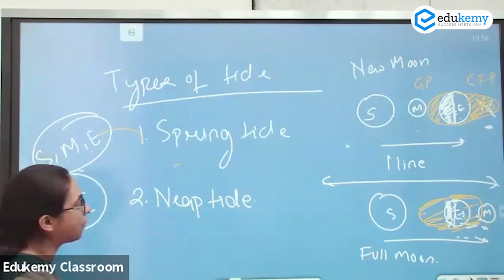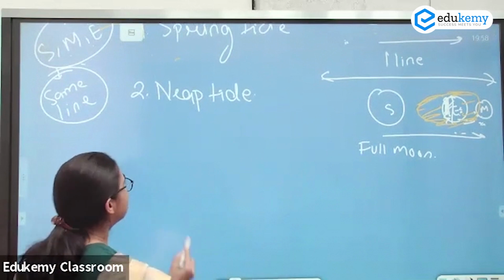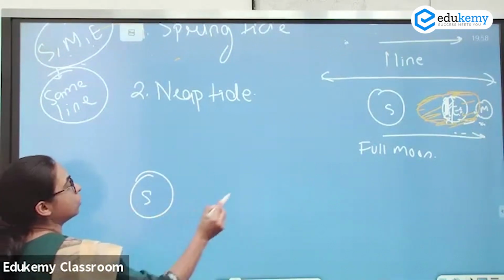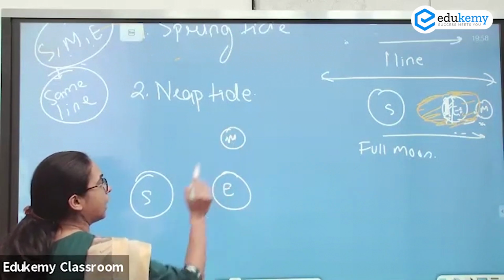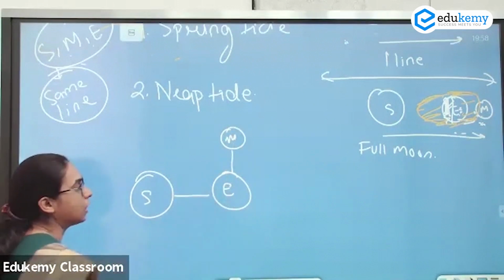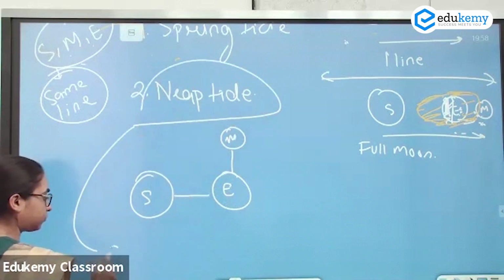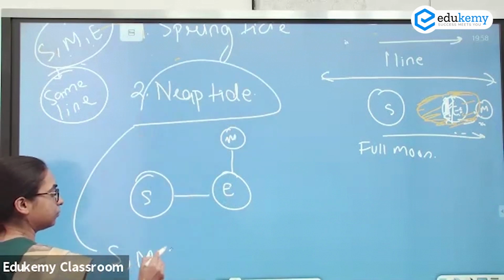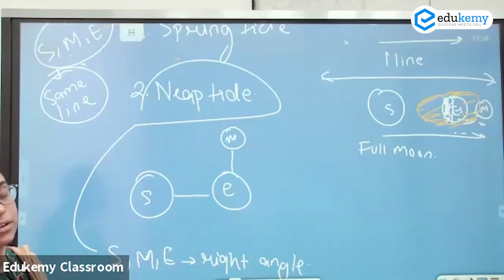And what happens in the neap tide? In the neap tides, the sun, the earth and the moon are at the right angle.